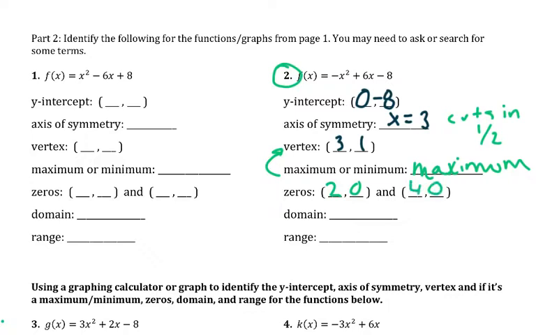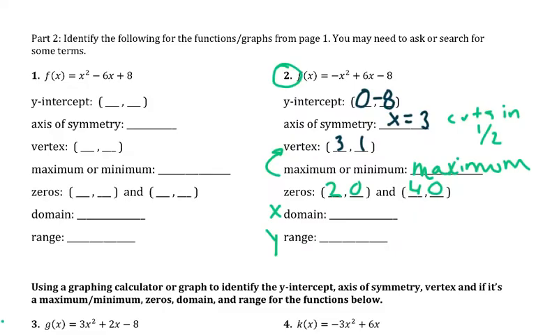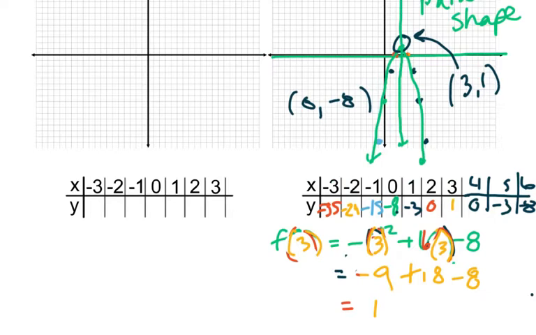The next pieces are domain and range, and so if you don't remember that from Algebra 1, the domain are the possible x values. So taking a look at this graph, the x values are in fact going to go on to -infinity and forever, right? So because of that, we are going to say that the domain goes from -infinity for your x's, and then taking a look at the graph, how far to the right does it go?